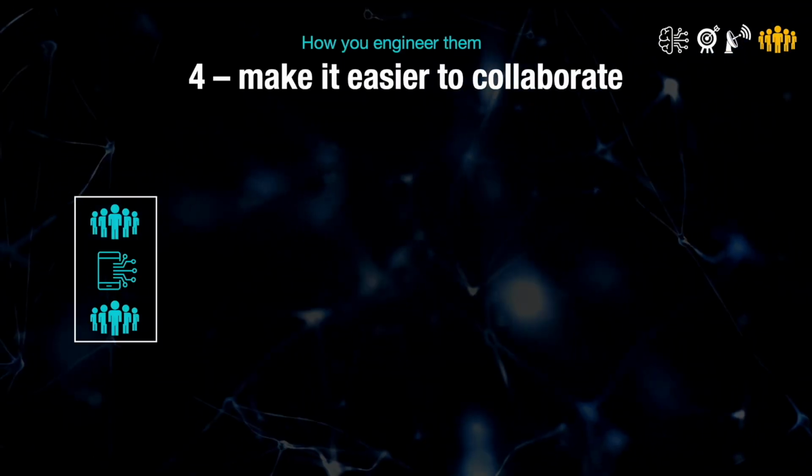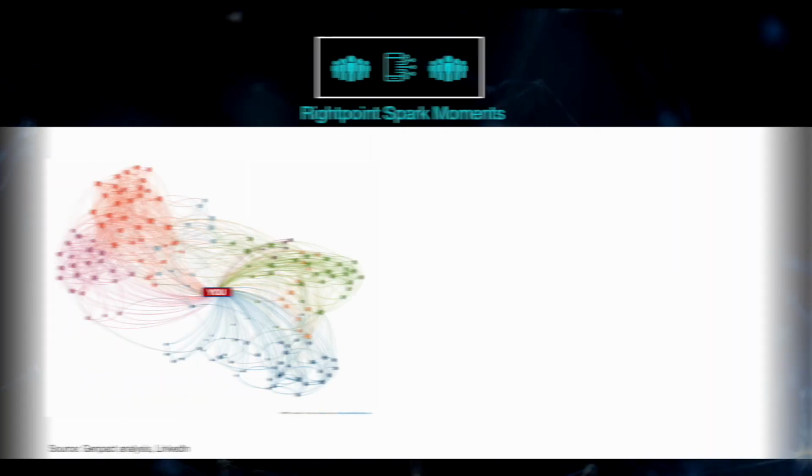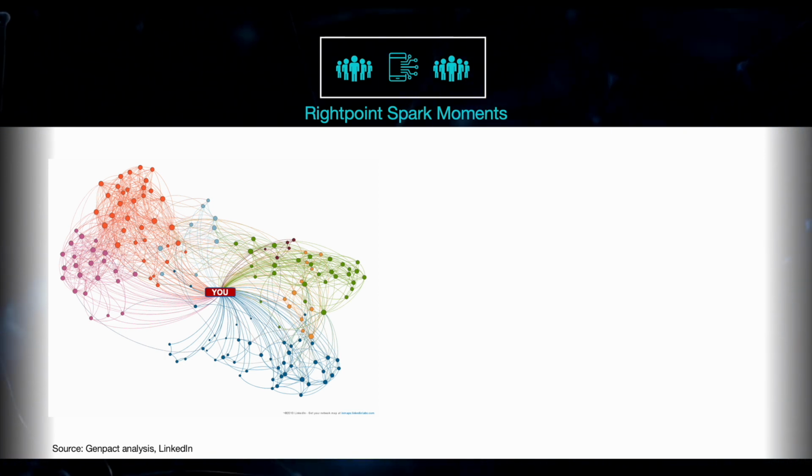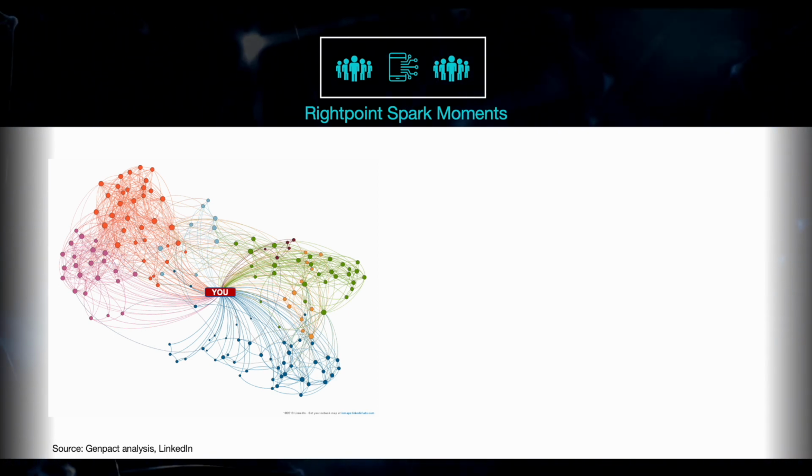And then make it easier for people to collaborate. So this, for example, is the construction of a network for casual encounters. It's called Spark Moments. The problem at hand is that after COVID and the rise of hybrid and flexible work, our network structures have changed.